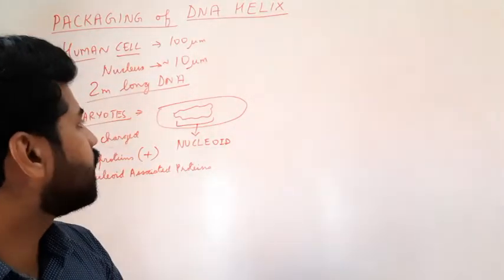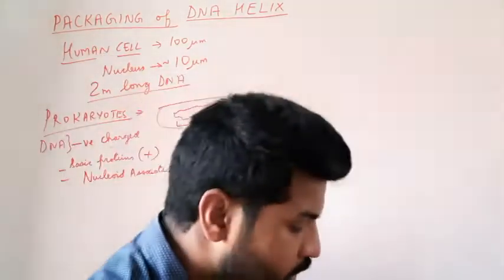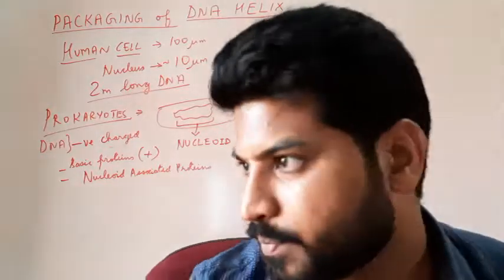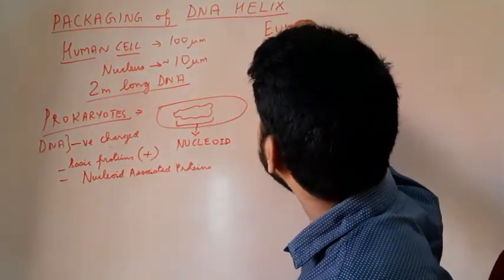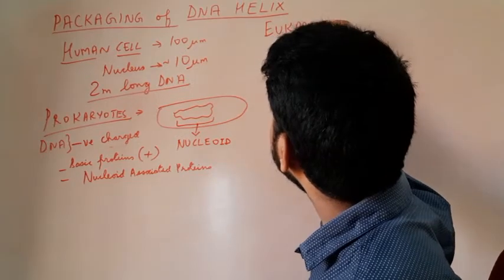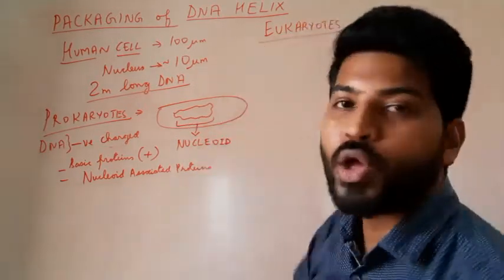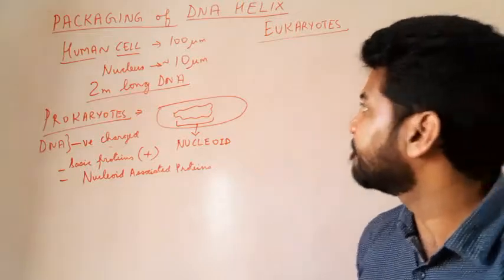Coming to the arrangement in eukaryotes. In eukaryotes, the arrangement is quite complex. Say for example, the human cell.